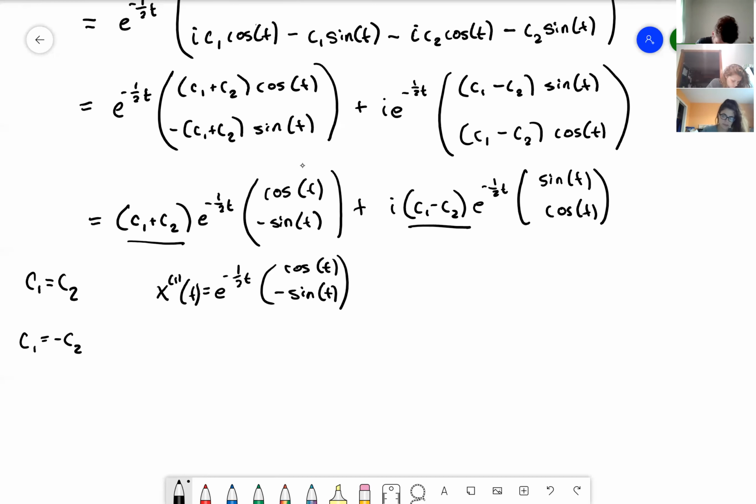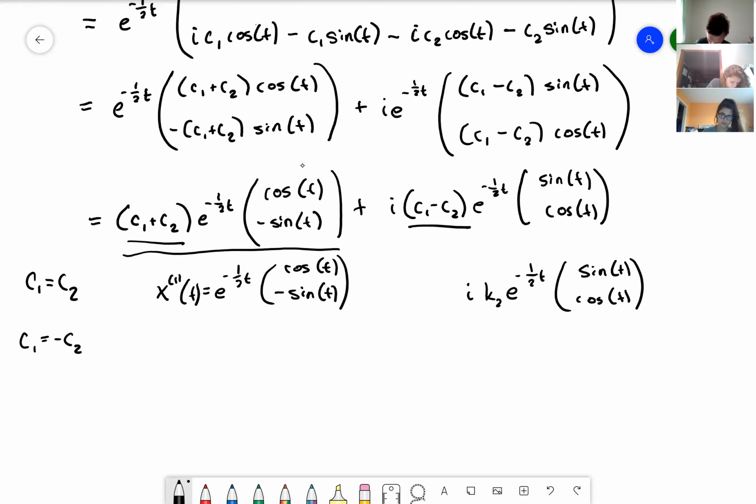And what I will get here is this part will be equal to 0, and I'll get I times some new constant, k2, e to the minus 1/2 t, sine of t, cosine of t. Now, because this k2 is an arbitrary constant, I'll just fold the I into that constant. And what I end up with is any multiple of this thing, which is completely real, x2 of t. And so this is our second fundamental solution.